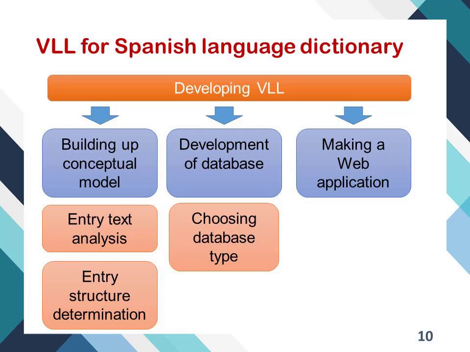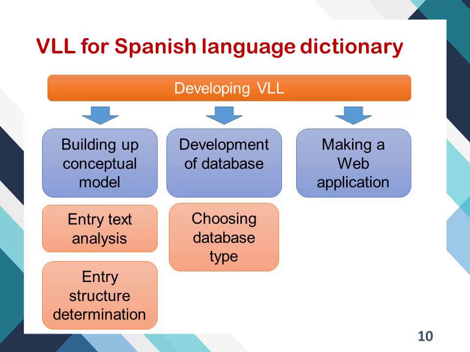When creating the Virtual Lexicographic Laboratory, we were to complete several tasks. The first task was building up a conceptual model to serve as a basis for elaborating database and interface elements. The model was built on the basis of HTML text taken from the online version of the Spanish dictionary. The model determines a set of information elements of the dictionary entry to be accessible in the database.